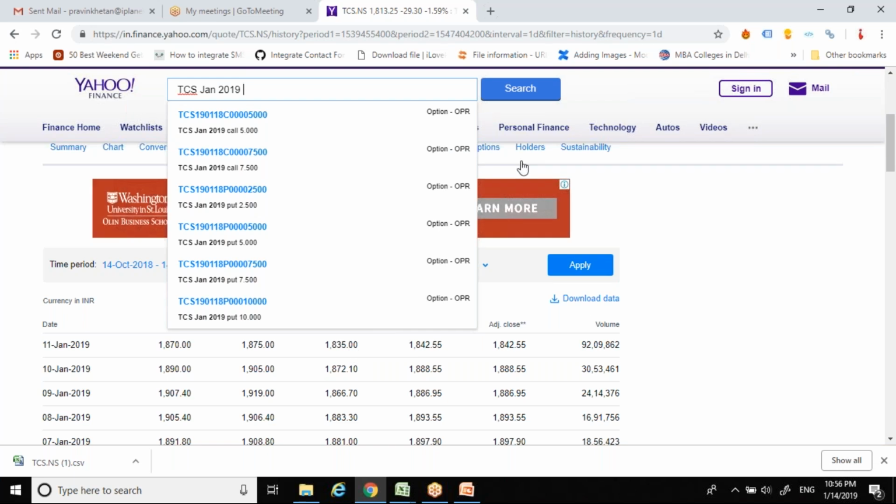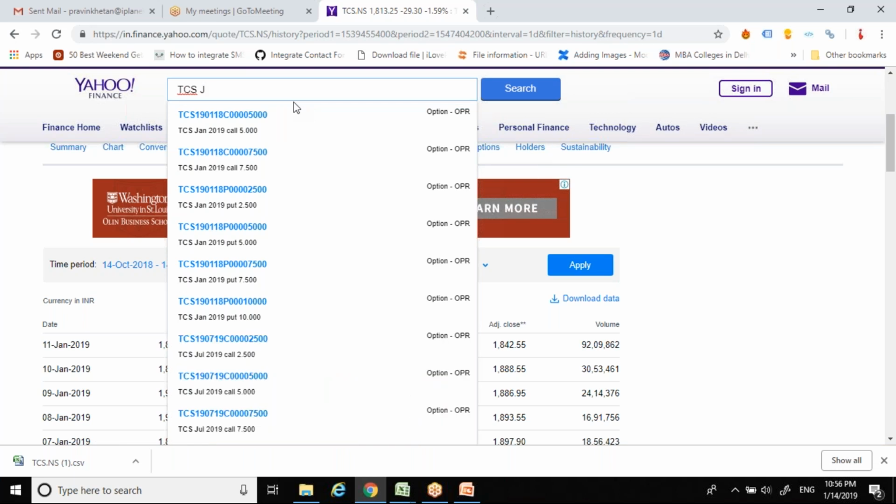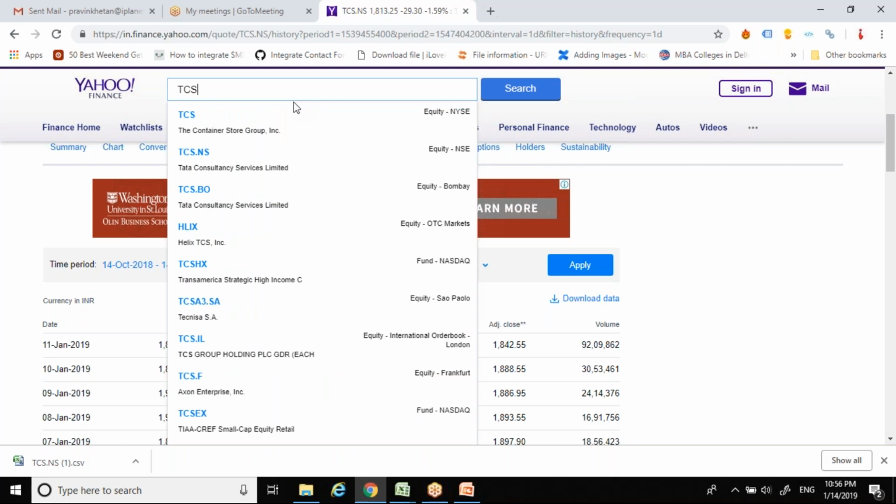I don't need options. I need future. This is option price. Call put, I don't need call put data.